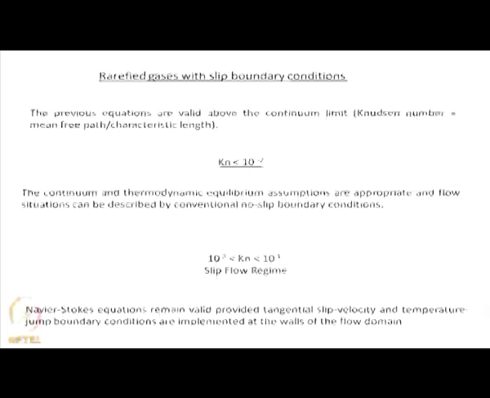In the slip flow regime, the Navier-Stokes equation will still remain valid provided we modify our no slip condition with a tangential slip velocity and a temperature jump incorporated into our boundary condition. So we may not be able to use u and v, the velocity components in the x and y directions, both being 0 at y equal to 0, where y equal to 0 denotes this wall, but we will have to provide a slip velocity, and there are several models which take into account the possibility of slip.